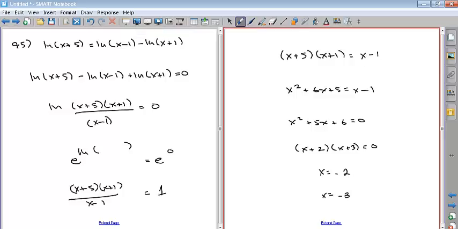And because I wasn't expecting that, I'm going to just look in the back of the book and see what is the answer. So this is chapter 3, section 4, problem 95, no solution.